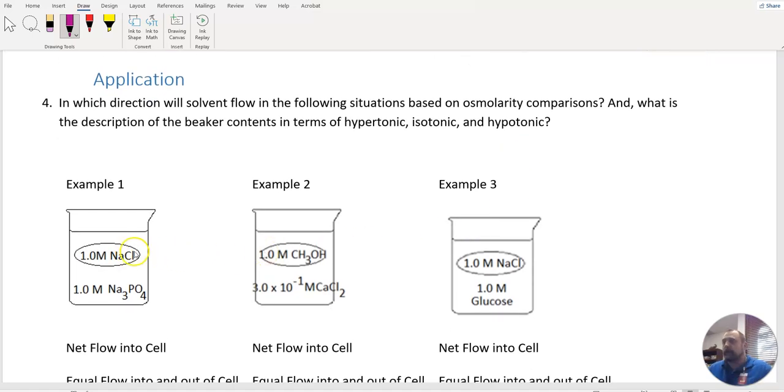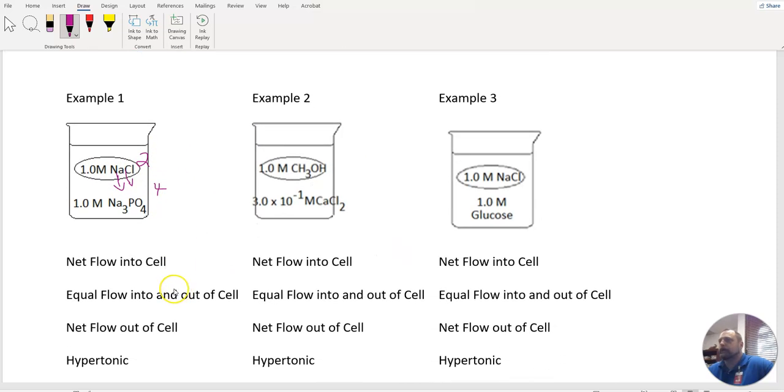So as I look here, I've got these that look very similar, but keep in mind I've got an osmolarity of 2 inside, and the outside I have 4. And so the water will want to go towards the higher osmolarity. And so it'll go out, and that will cause my bag to shrink. All right, so it'll be coming out.